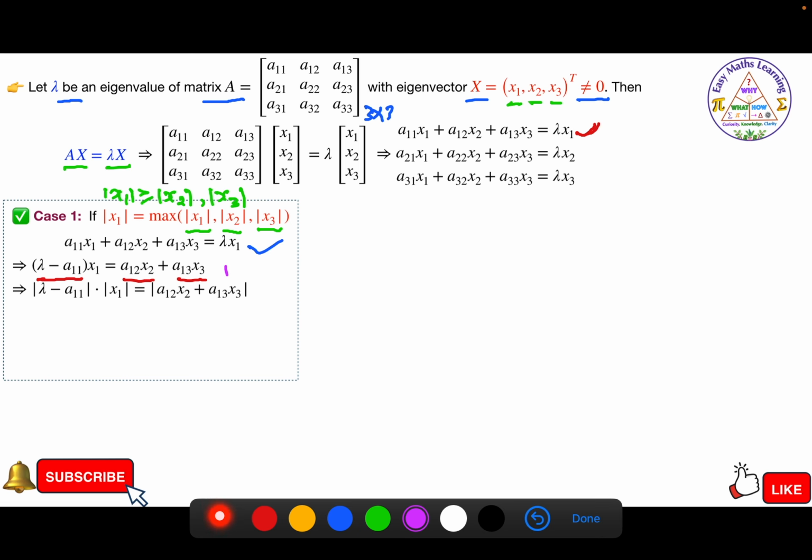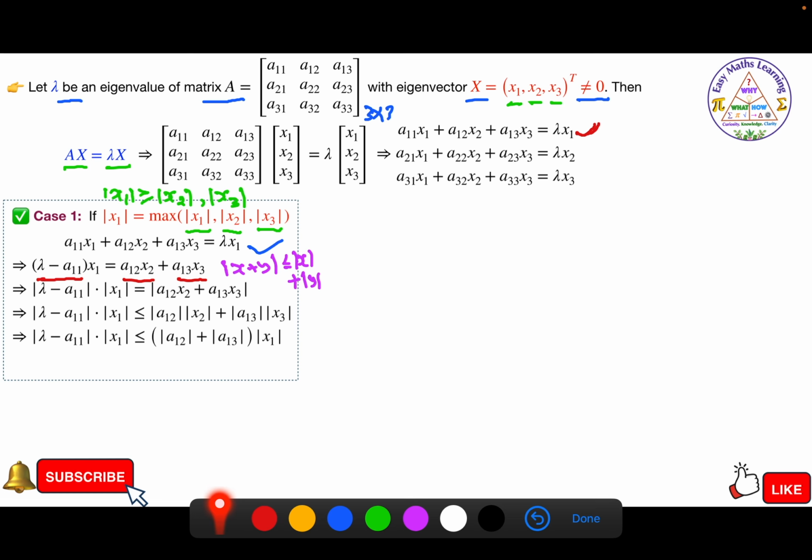What is the triangle inequality? Suppose we have two vectors x and y, then modulus of x plus y is less than or equal to modulus of x plus modulus of y. So using the triangle inequality, we can write modulus of this plus this is less than or equal to modulus of this one plus modulus of this one. Clear?